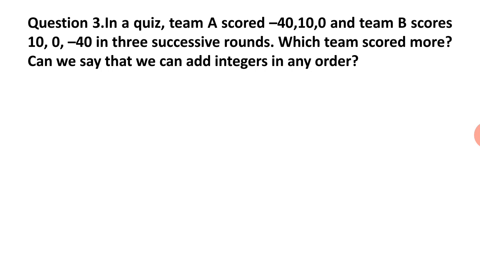In a quiz, Team A scored -40, 10, 0 and Team B scores 10, 0, -40 in 3 successive rounds. Which team scored more? For this, you all know that we have to add separately for Team A and for Team B and check.